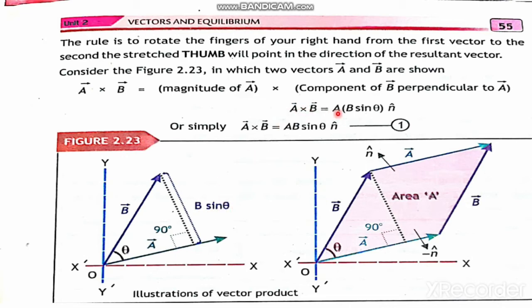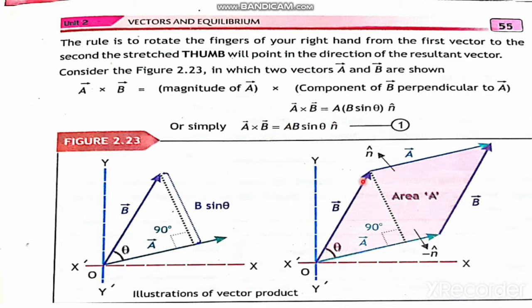So A cross B will be equal to the magnitude of A multiplied by B sine theta, AB sine theta, and a unit vector n, which shows the direction of the resultant vector A cross B in this case.